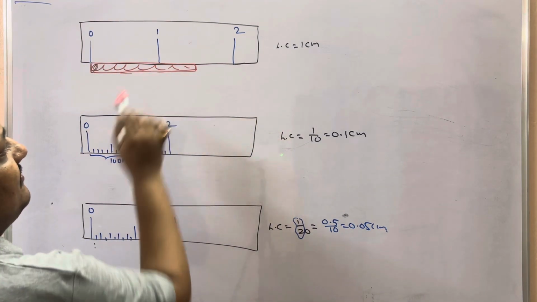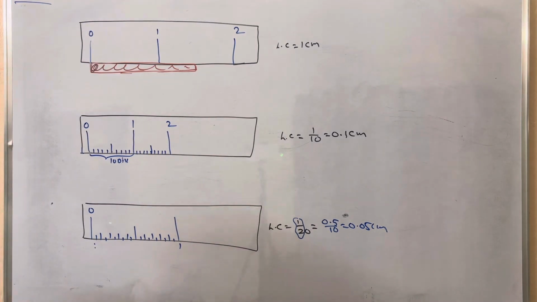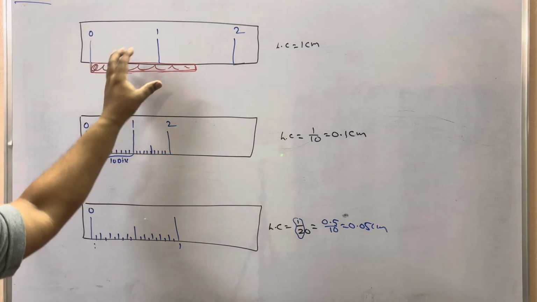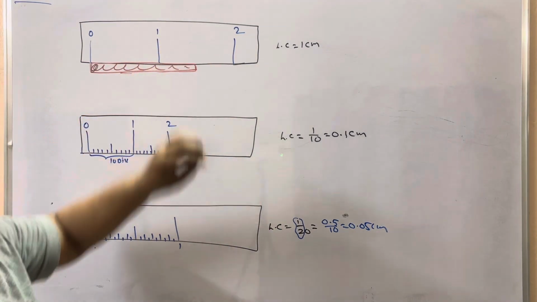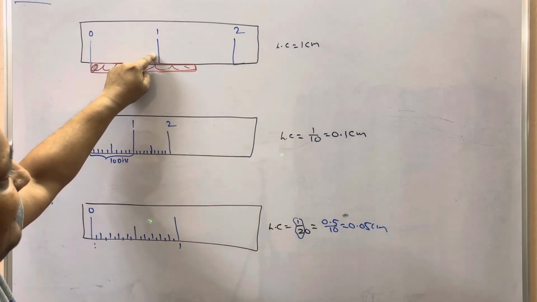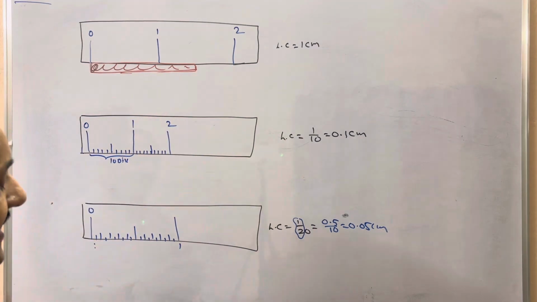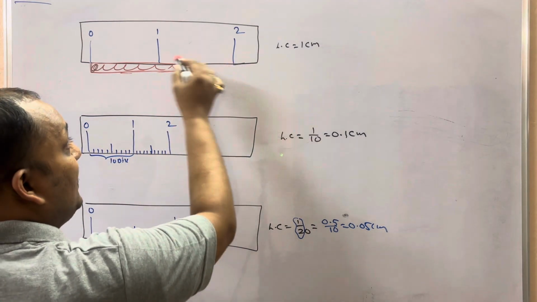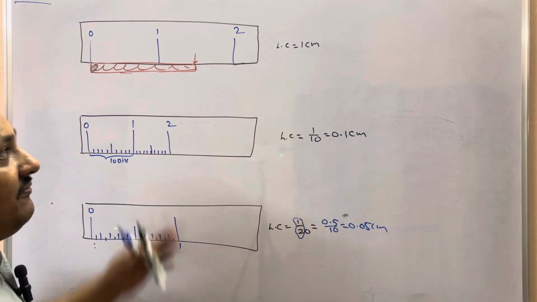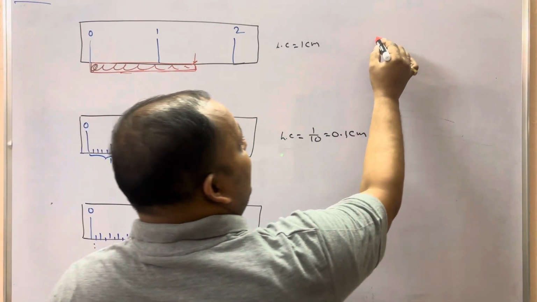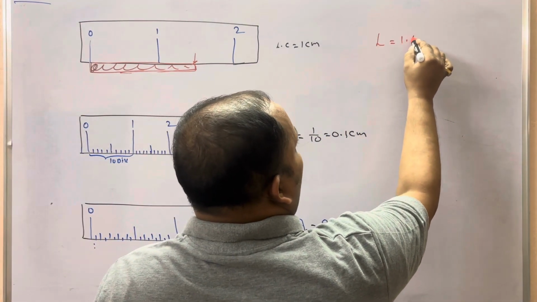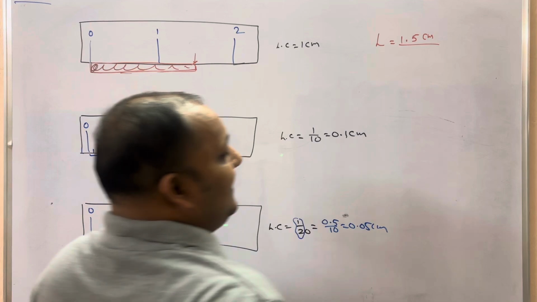Now, if you want to measure the length of an object, I am placing the object like this. What is the length of this object by using this scale? 1 is the correct value, but the object is between 1 and 2. Therefore, the length of this object is 1.5 centimeters.